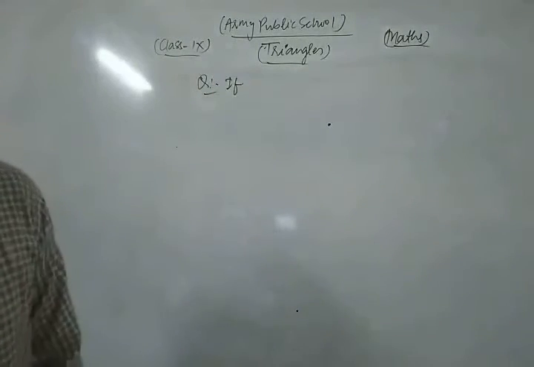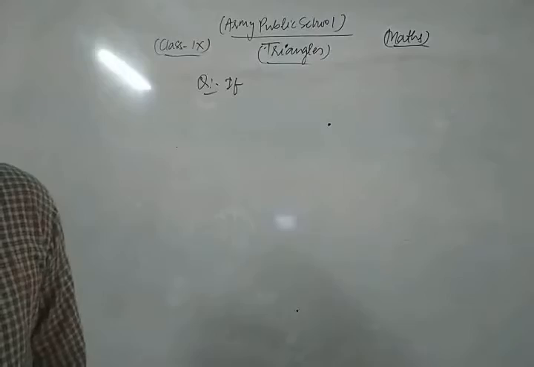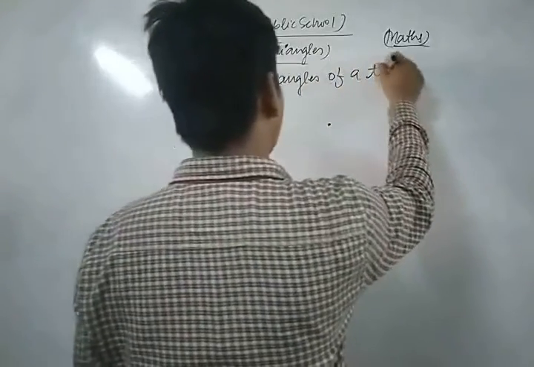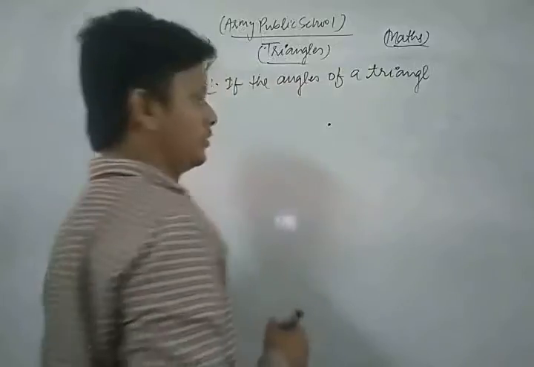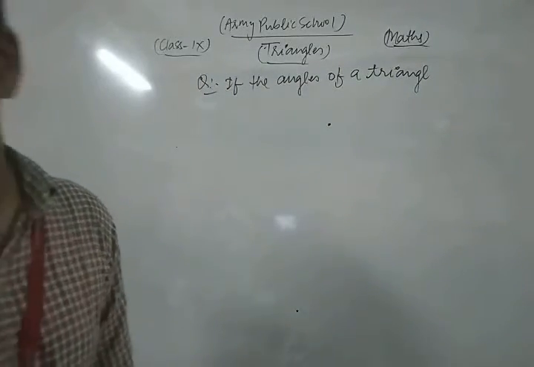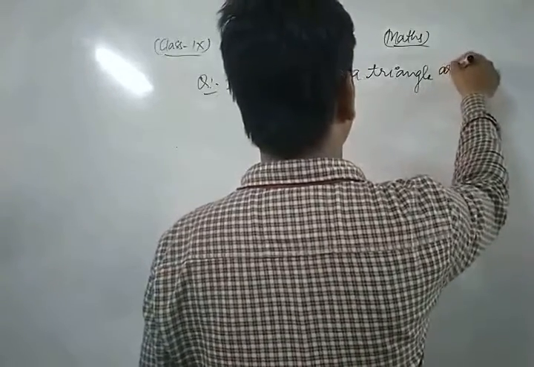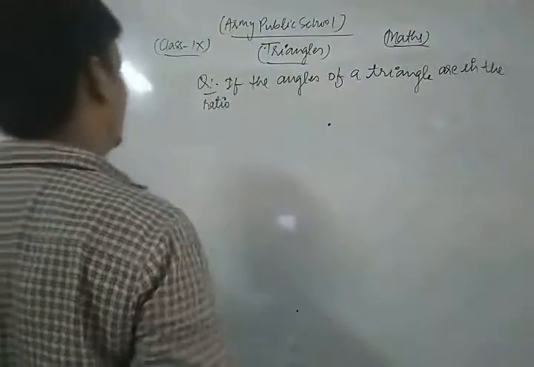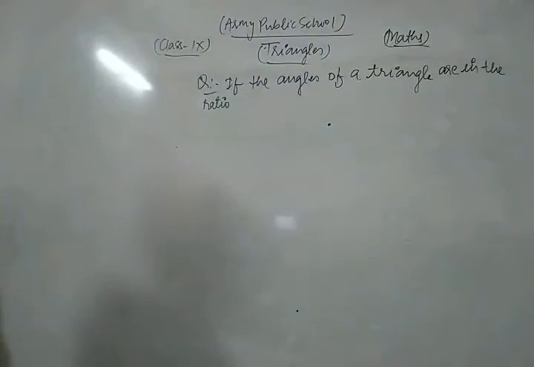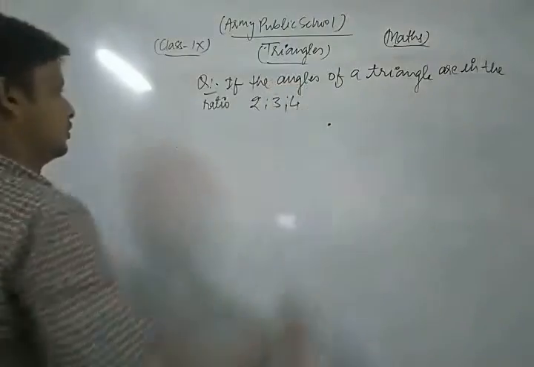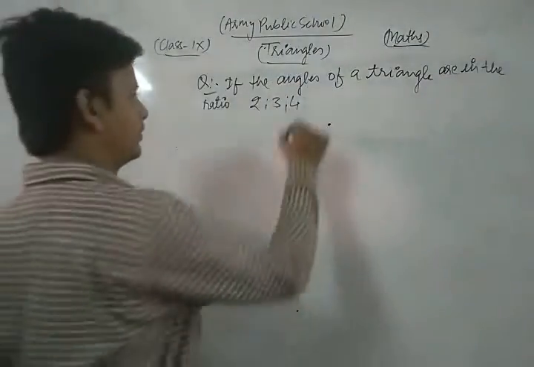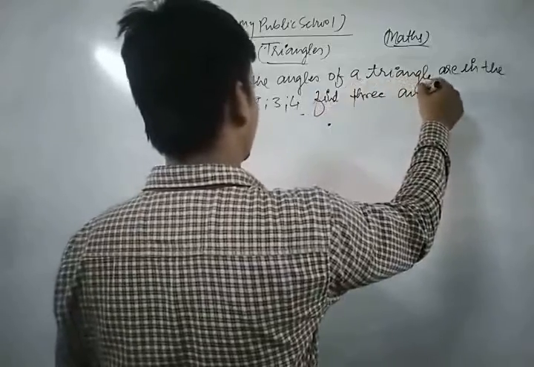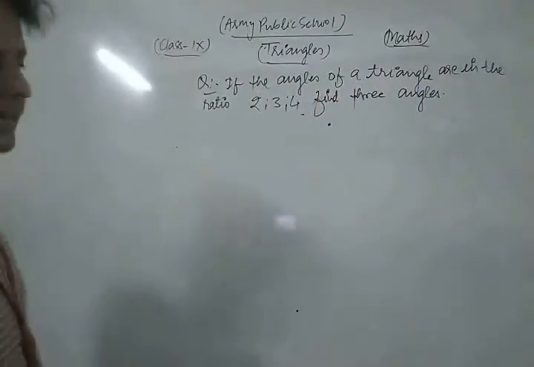If the angles of a triangle are in the ratio 2:3:4, find the three angles. Now let's see its solution.